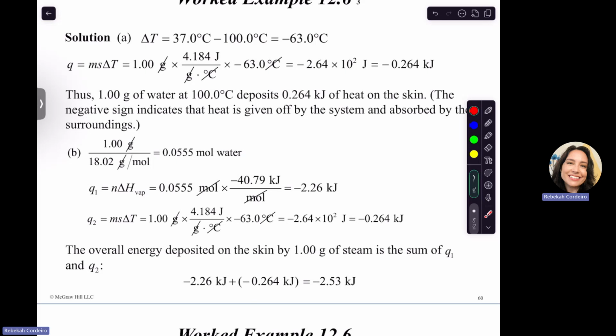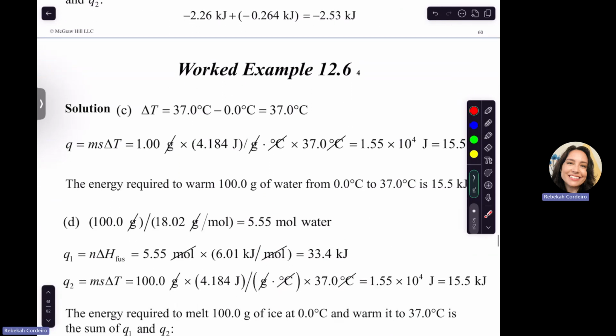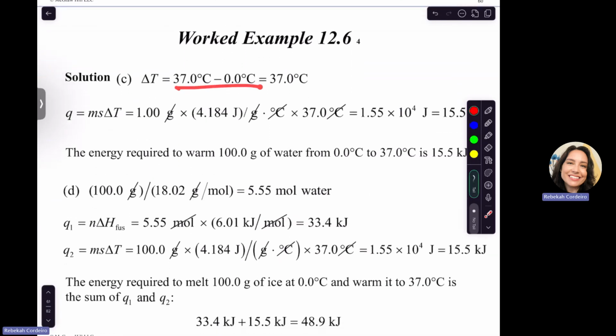So we just change the signs as we need. And so we have two things happening right now. We have the change in temperature, which is this one, and then we have the phase change. And so putting that together, we have a total of that much energy. And then if we want to keep going, we now have another temperature change.